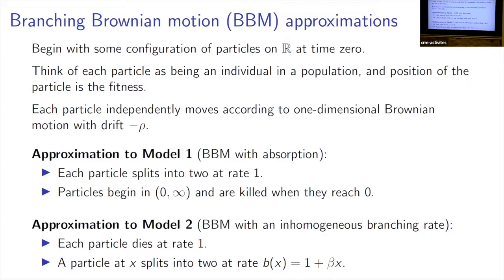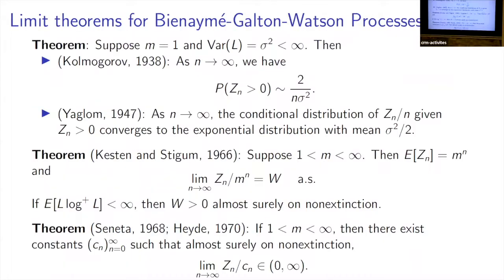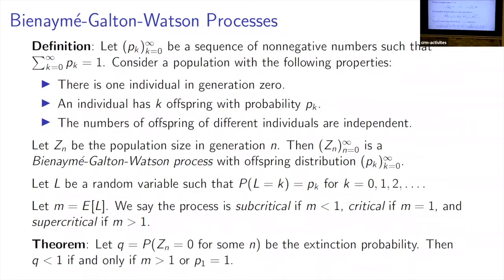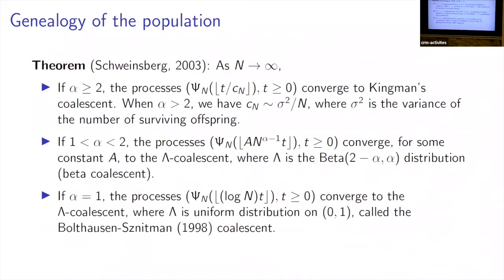It's not exactly that. So let me go back to the first case here. Notice in the first bullet here, when alpha is greater than or equal to 2, we get Kingman's coalescent in the limit. So when alpha is equal to 2, we do have infinite variance, just barely, and yet we still get Kingman's coalescent. So it takes a little bit more than infinite variance to produce the multiple mergers.